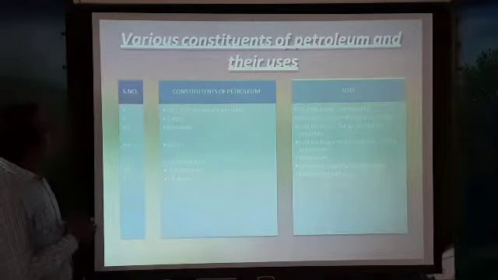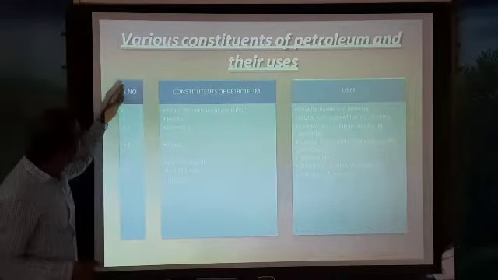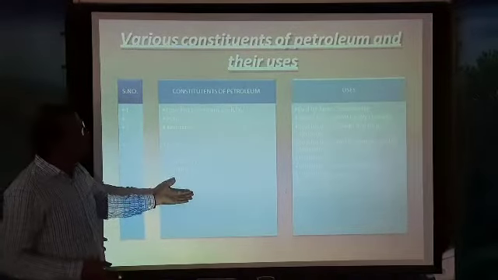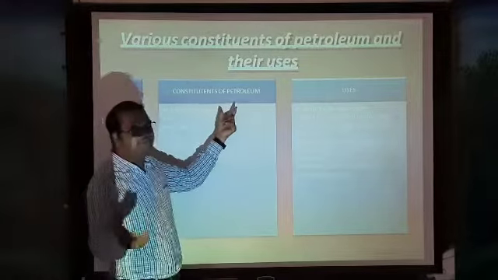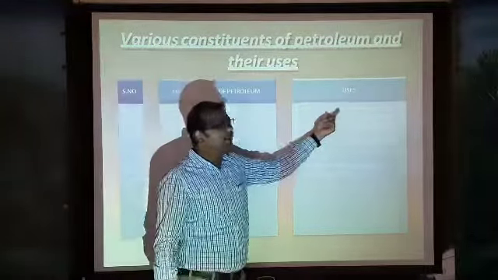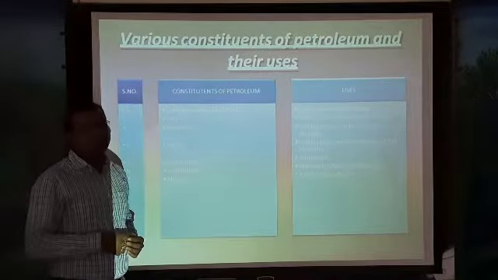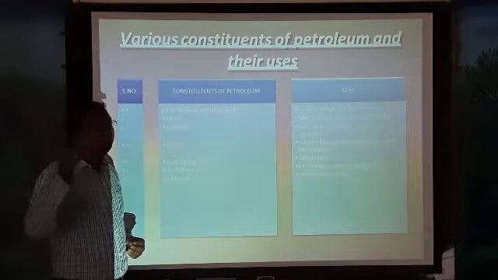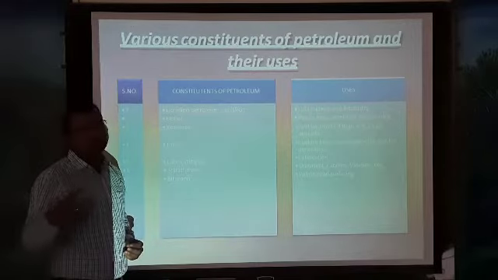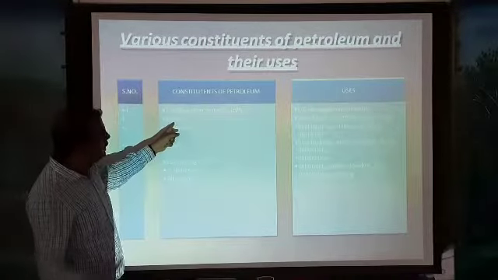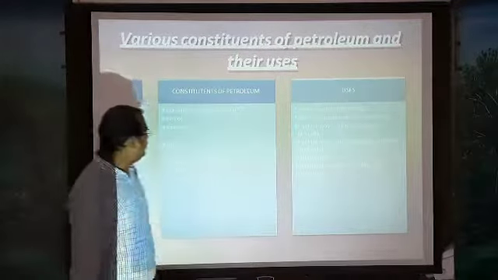Next, the various constituents of petroleum and their uses. Liquid petroleum gas (LPG) is used as fuel at home and in industry, like the gas cylinder you use for cooking food; the flame comes from the LPG. Petrol is used to run vehicles. Kerosene is used for stoves, lamps and aircraft.